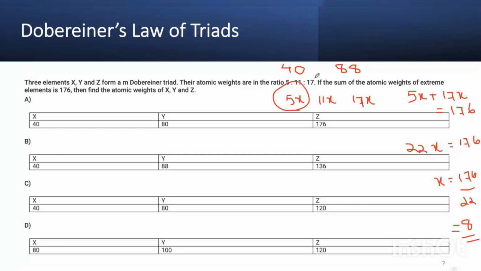And that of Z will be 17 into 8. That will be 136. So, the correct option will be option B, where X equal to 40, Y equal to 88 and Z equal to 136.